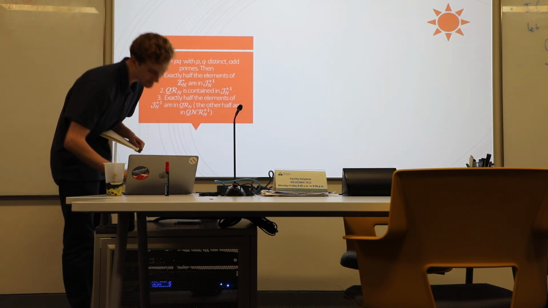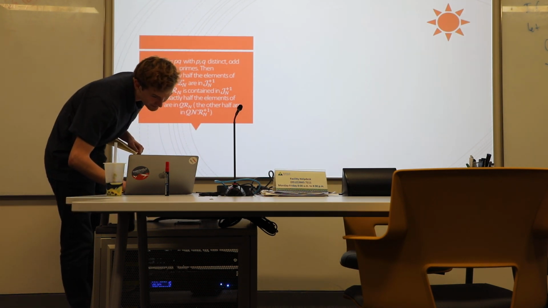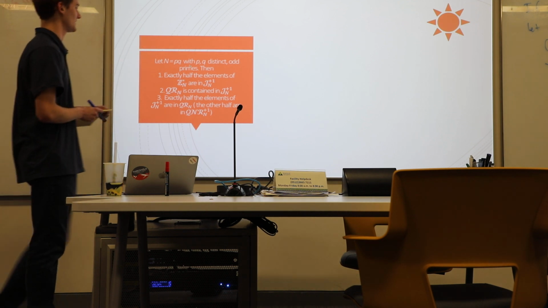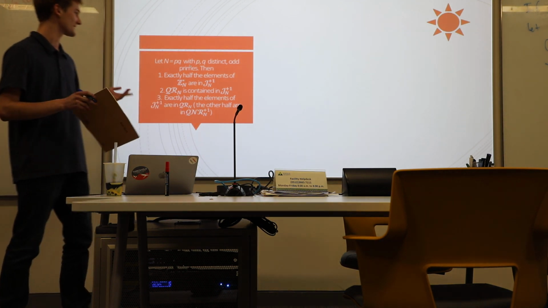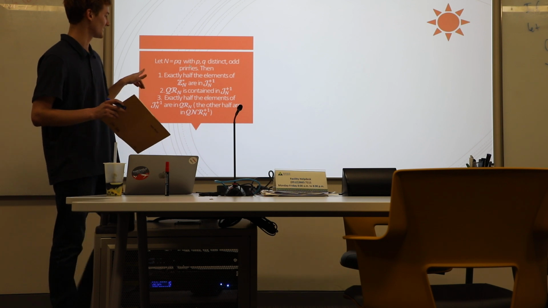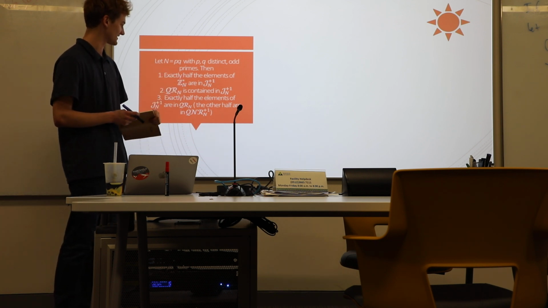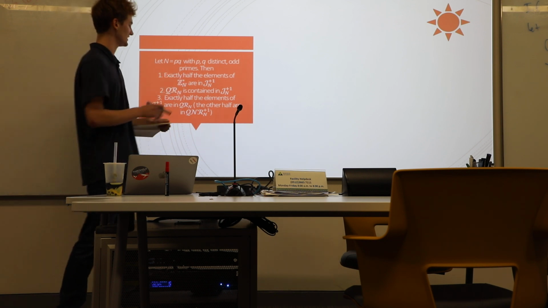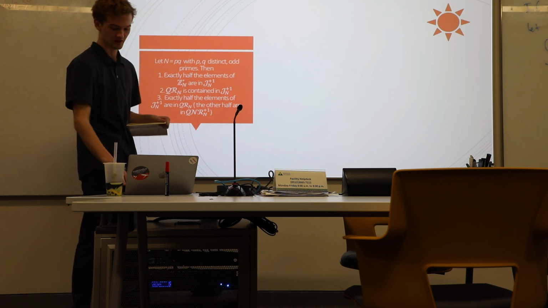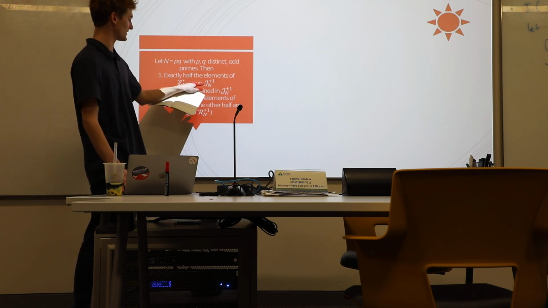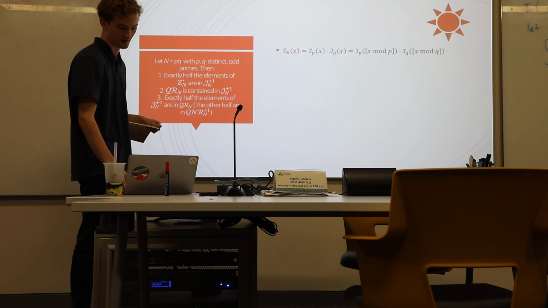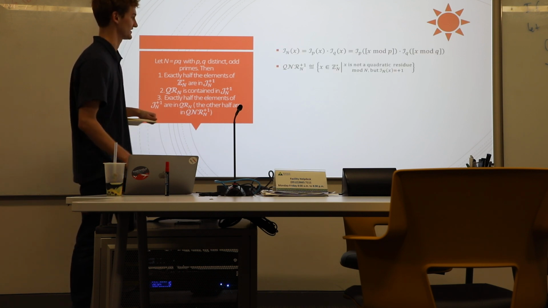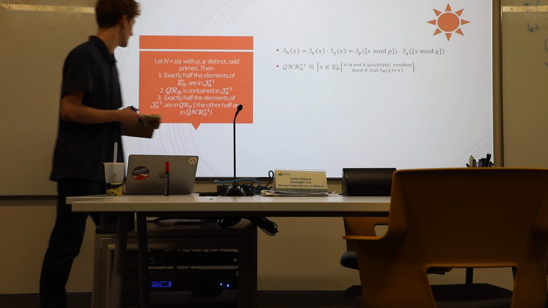Okay, so if we have n is equal to pq with p and q distinct odd primes, then first of all we're going to say that exactly half of the elements in z mod n star are in the numbers with Jacobi symbol +1. So there's just like these definitions.